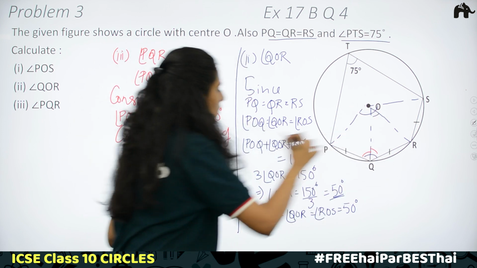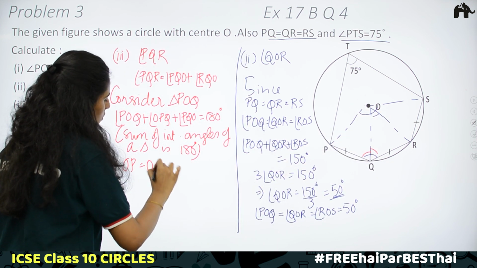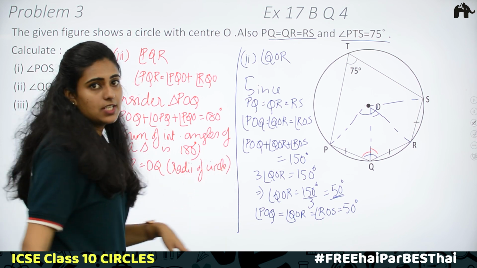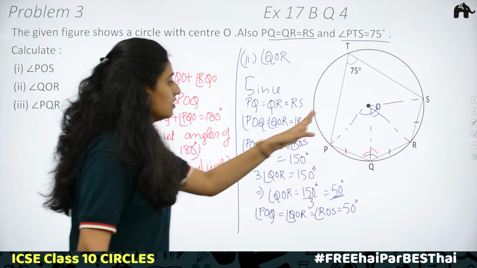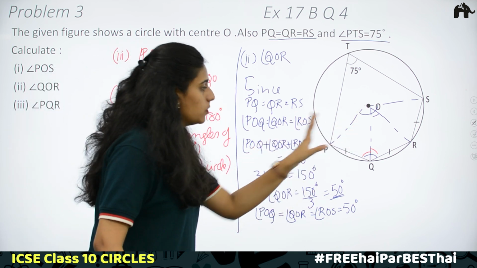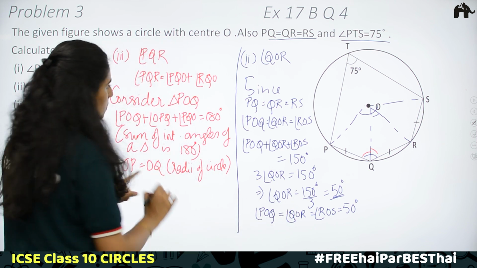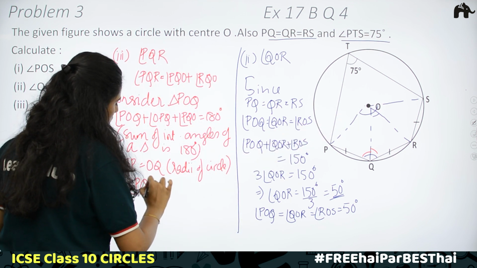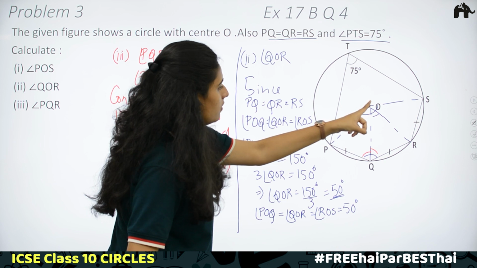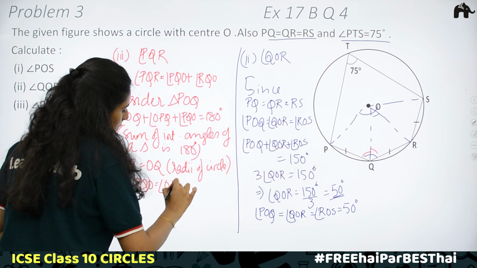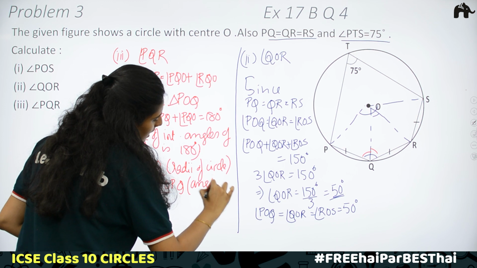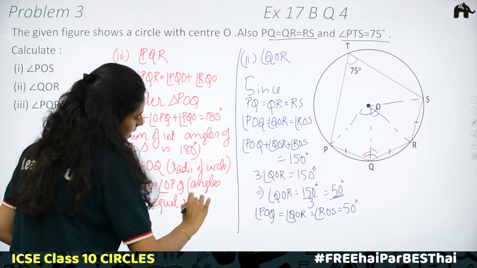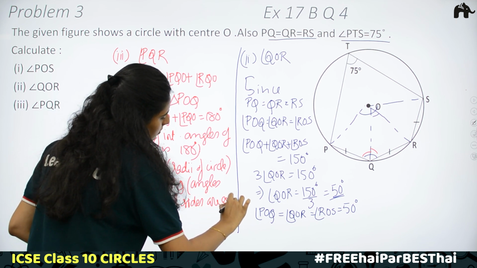Because OP is equal to OQ, radii of the circle. Okay, radii of a circle will be of equal length. Now, these are sides of the triangle. We know angles opposite to equal sides are equal. Therefore, opposite to OP, we have PQO. Angle PQO is equal to, opposite to OQ, we have OPQ. Reason: angles opposite to equal sides are equal.